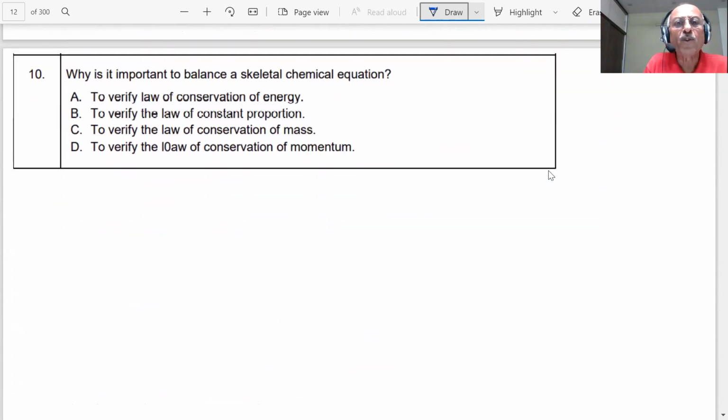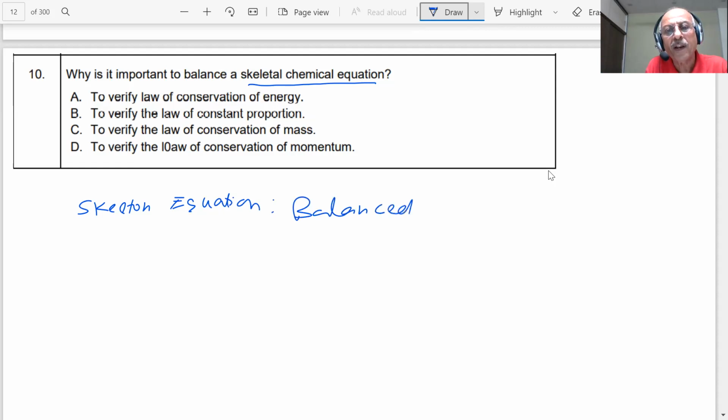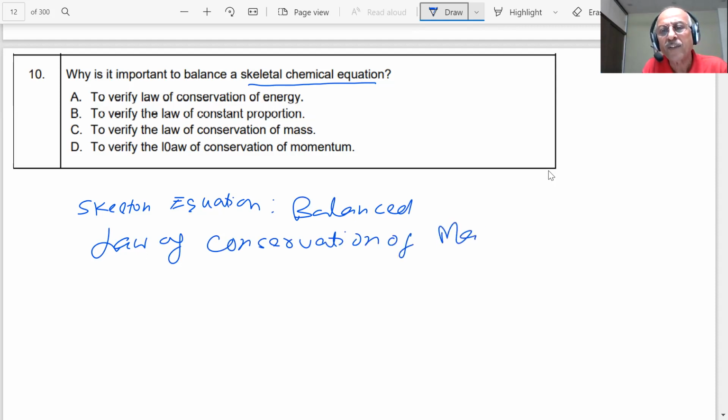Why is it important to balance a skeleton chemical equation? We already told you, whenever a skeleton equation is written, it must be balanced because of the law of conservation of mass. The law of conservation of mass holds true. The sum of the mass of the reactants must be equal to the sum of the mass of the products.